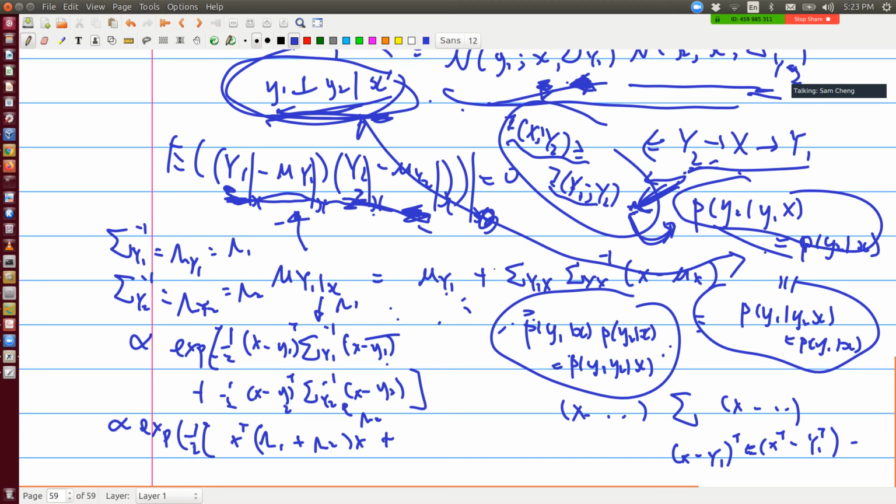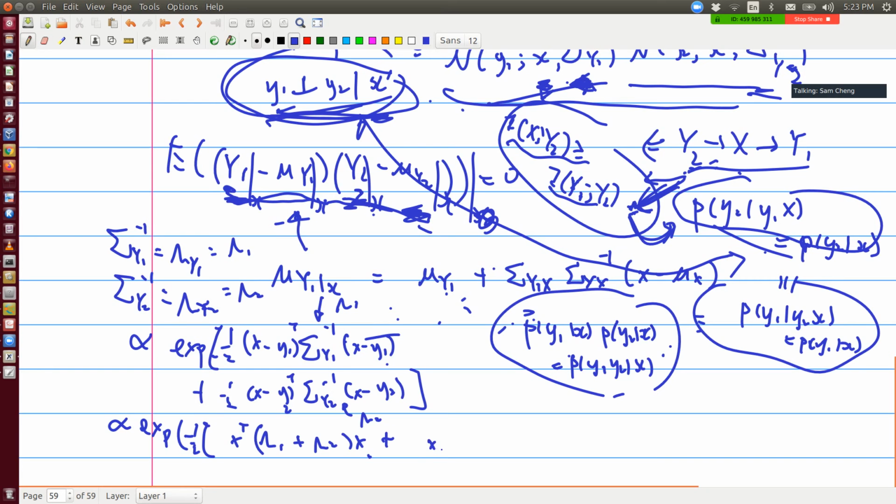Therefore, the first one is x transpose times this one times this. I have this term here, and then x transpose times this times x here. I have this one here, x transpose times lambda 2 minus x. So these are the quadratic terms in a quadratic equation. Of course I still have more stuff, the linear terms, right?